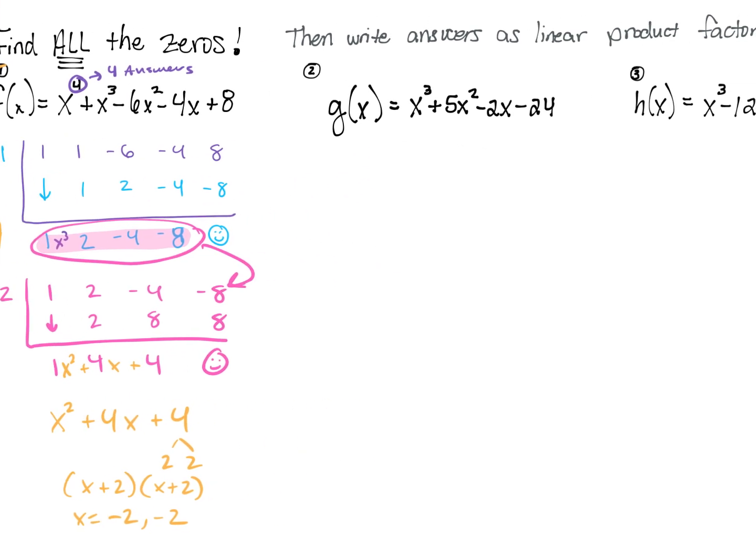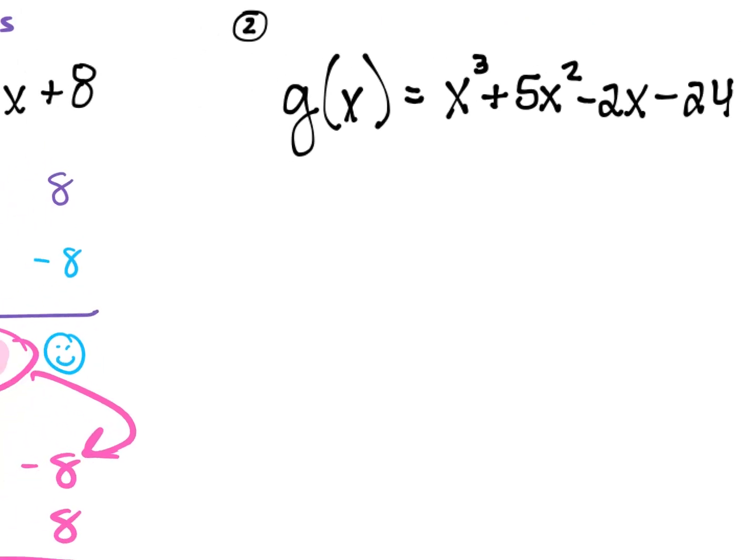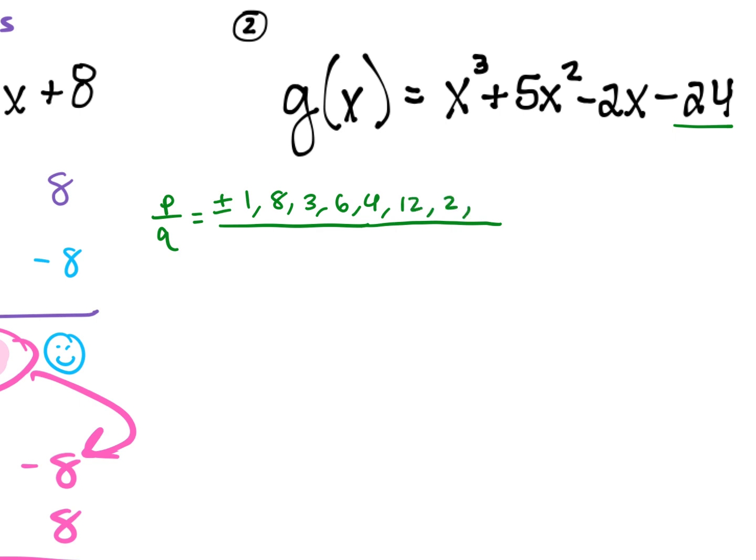All right, let's do number 2. So again, we're going to use our p over q. What are factors of 24? 1, 3, 6 and 4. Anything else? 12 and 2. Anything else? 24.